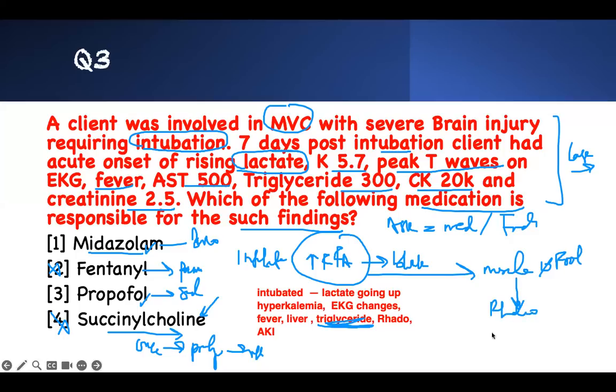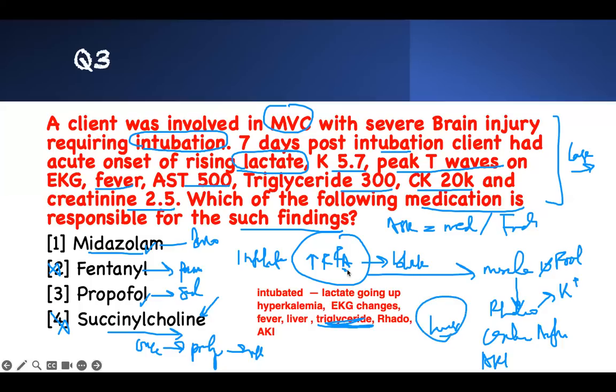Your heart is a muscle, it will go into cardiac arrhythmia, right? And when muscle is dying, they release potassium. That's why you get high potassium and you get peaked T waves, right? And then this will go to your kidney and cause acute kidney injury. It also affects your liver because the liver cannot break down all these fatty acids, and then it becomes a problem.